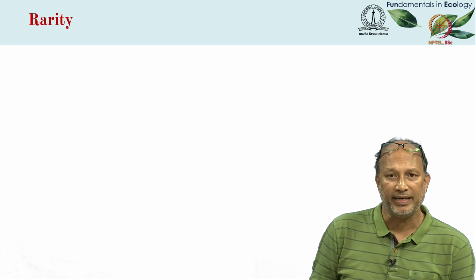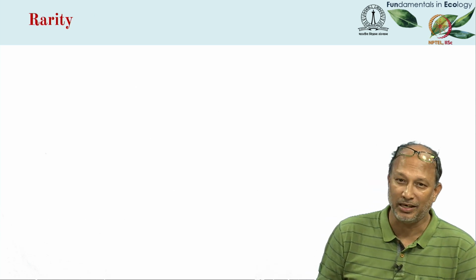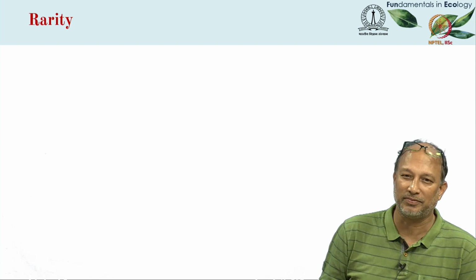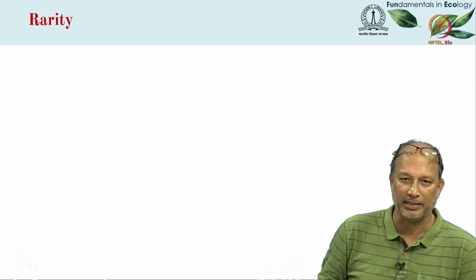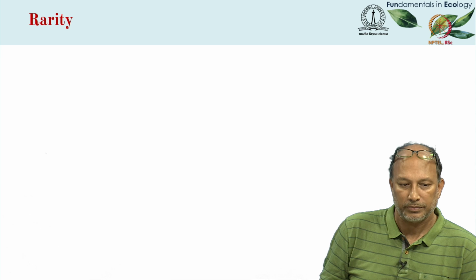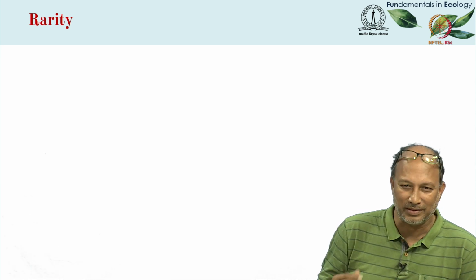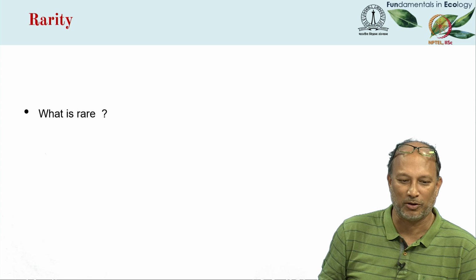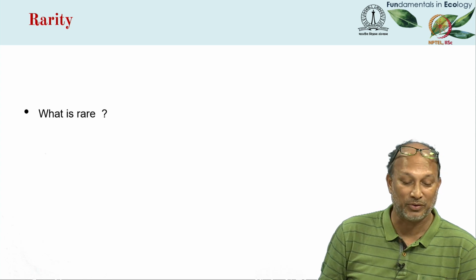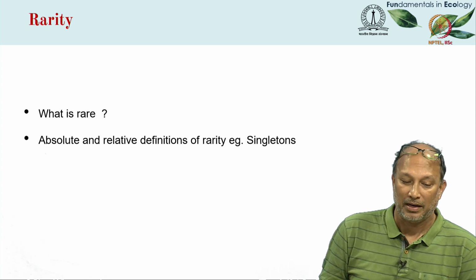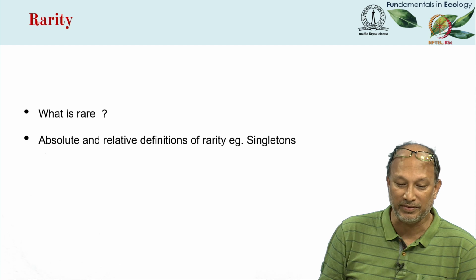Now, very briefly, I'll also touch upon the idea of rarity. We've talked about relative abundance and we've mentioned rare species in passing many, many times. Now, rarity itself is not just one simple uniform thing. When we ask the question, what is rare? There are both absolute and relative definitions of rarity.